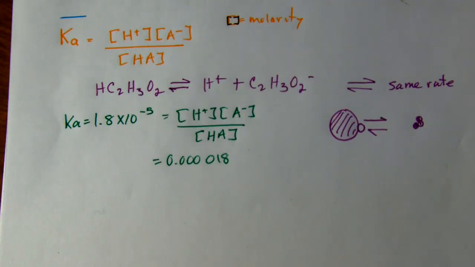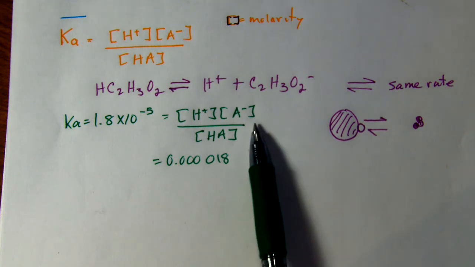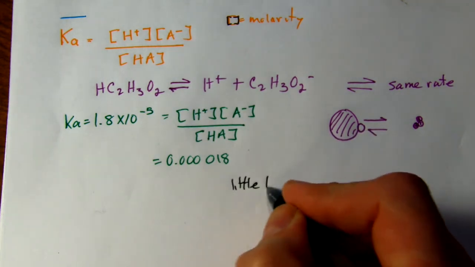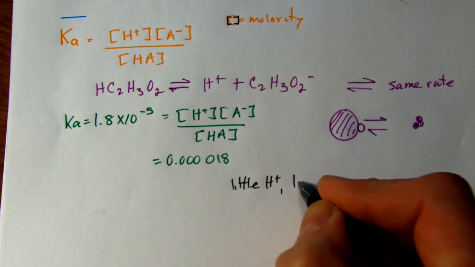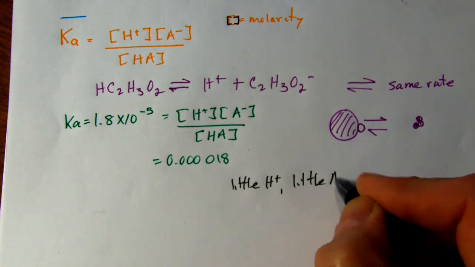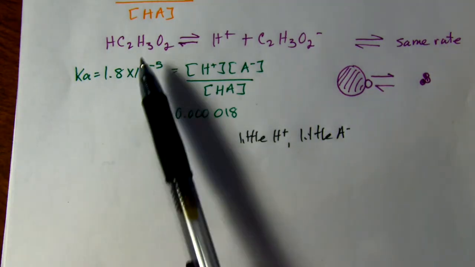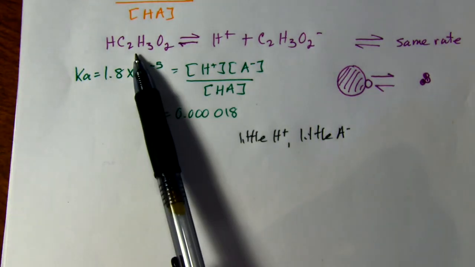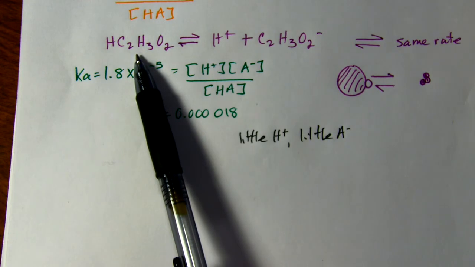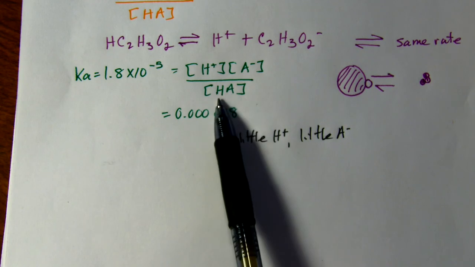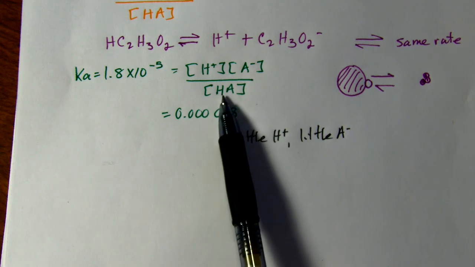That should tell you a couple things, but first of all, it tells you that there's very little H plus, little A minus. There can't be a lot if that's the ratio. In other words, if you have acetic acid in water and it dissociates, it only produces a very small number compared to its original concentration. Okay?